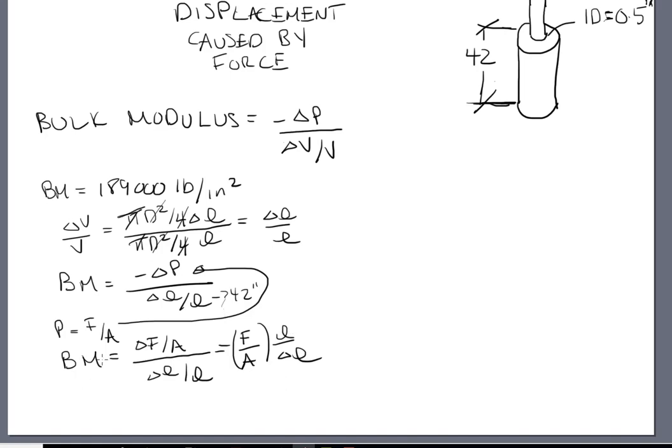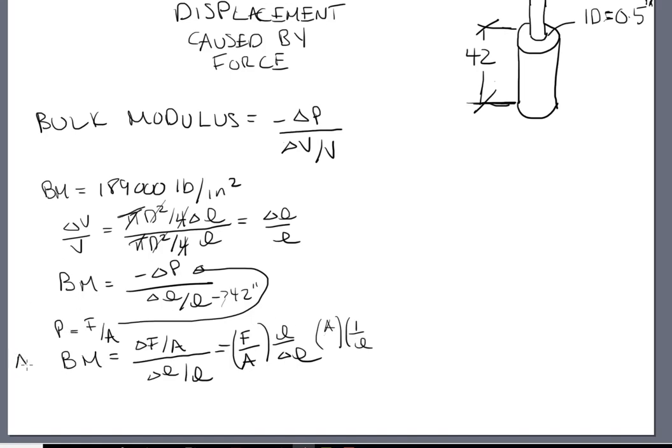So basically we need to isolate the F over delta L by moving the A and the L over here. If I multiply this side by A, and then this side also by 1 over L, I have to do the same over here, right?